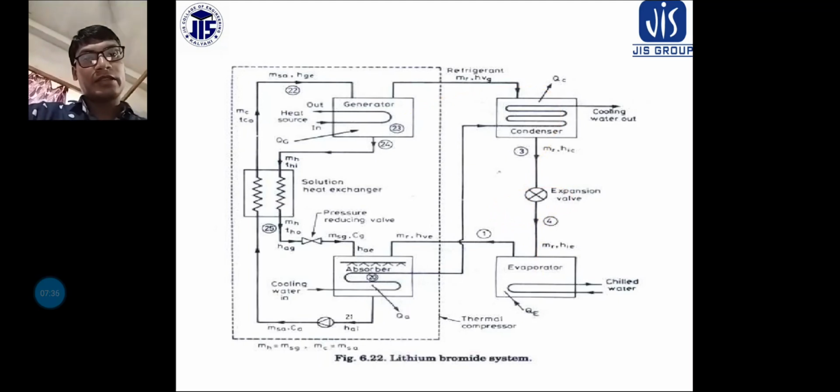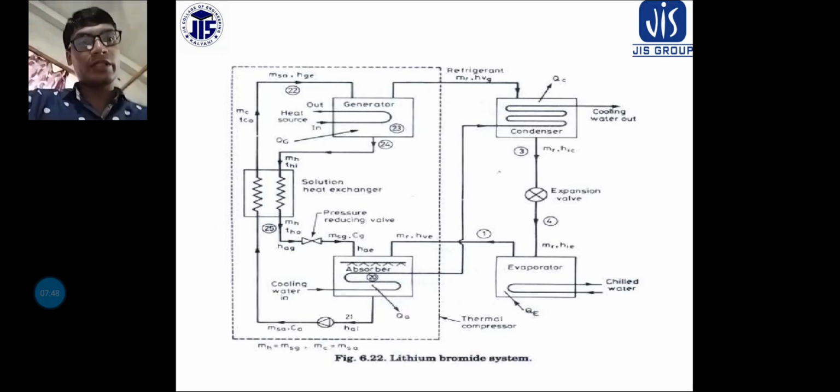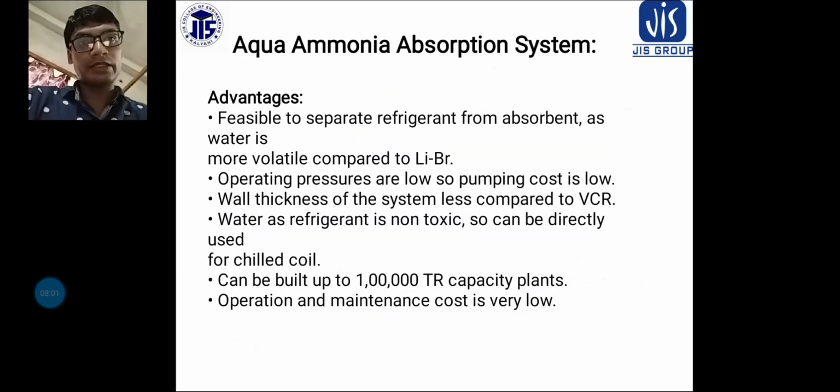A pressure reducing valve takes some solution from the generator and brings it to the absorber. This is the way the lithium bromide system works, and as a result we get the refrigeration effect.